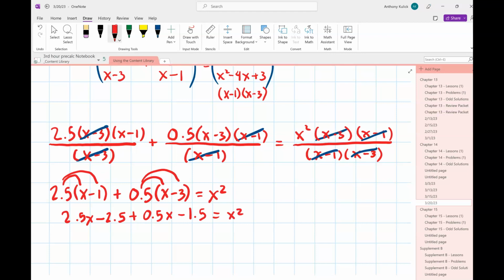Okay, so it's going to give us 0 equals, and then 2.5x plus 0.5x is 3x. Now subtract it over. Negative 2.5x and negative 1.5x give me negative 4x, so I'll add that over.